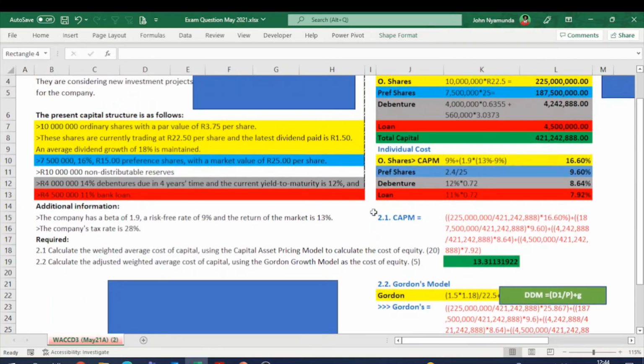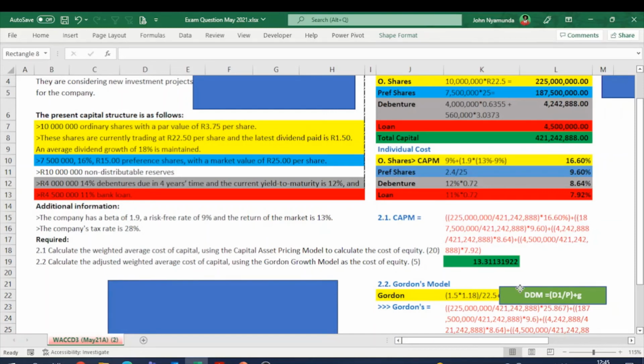If we go up a little to this yellow part for shares, our latest dividend was 1 rand 50. This would be D0. We need to grow it by 18% to get to D1.